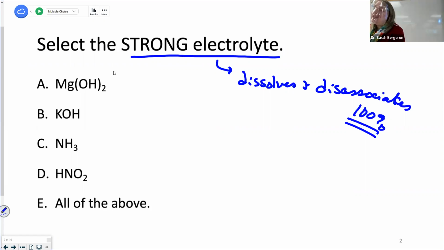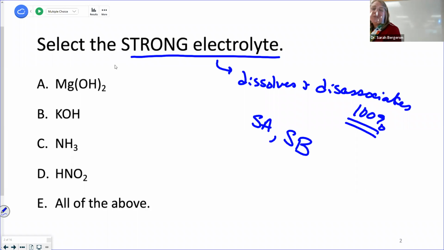So what are examples of things that are kind of in this list over here that are strong electrolytes that are in the chapter we're talking about? What chapter are we in? Acids, bases, and buffers. So you can have things that are strong acids or things that are strong bases.